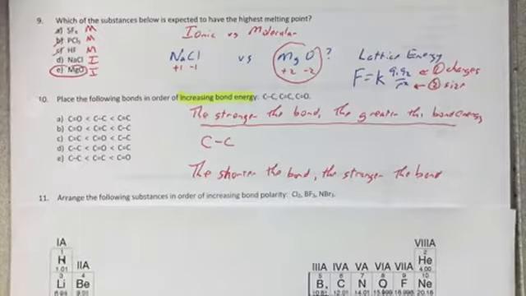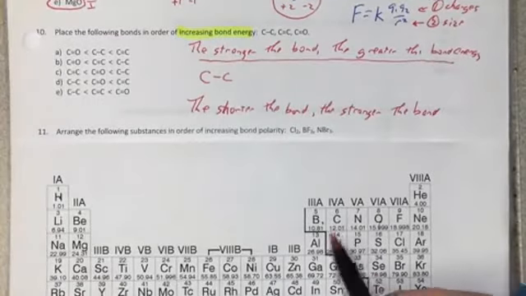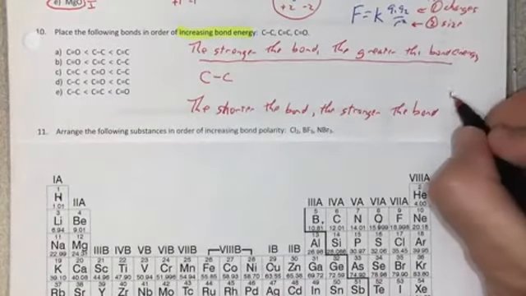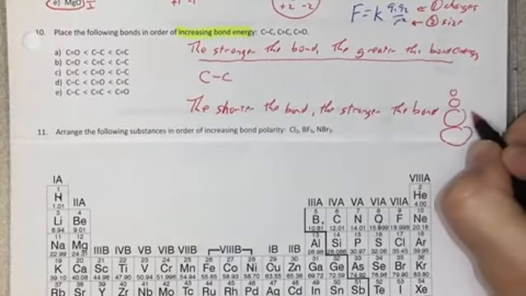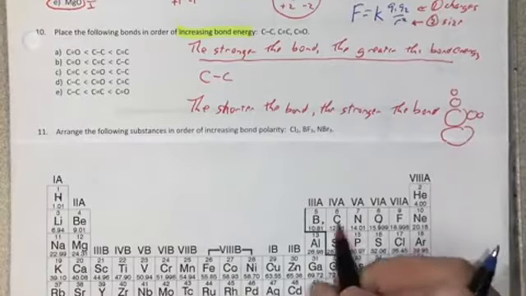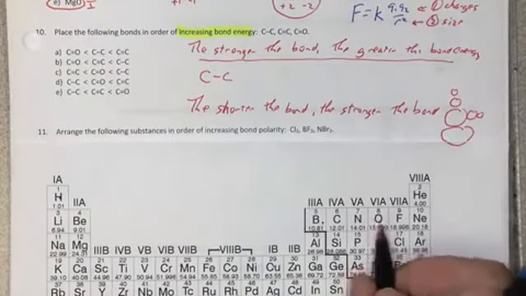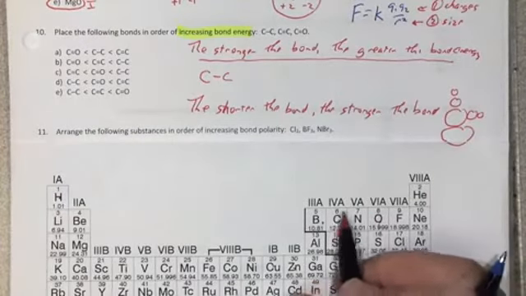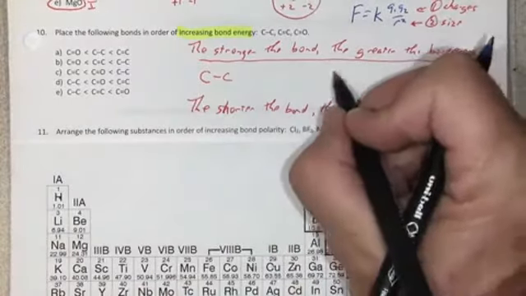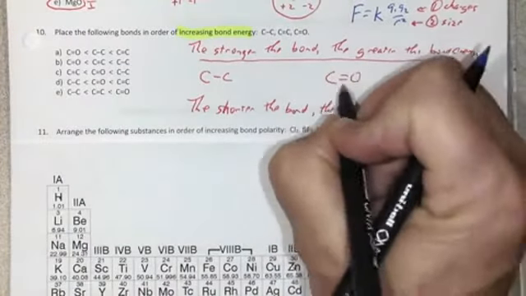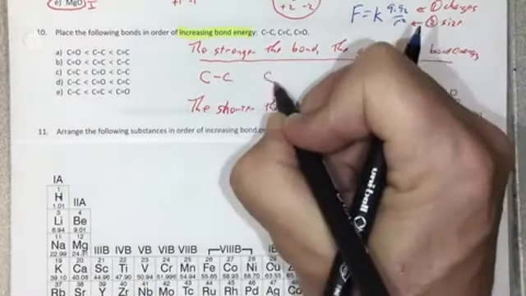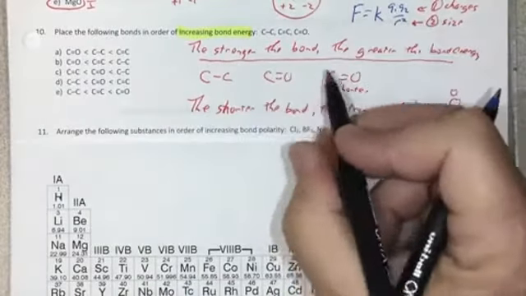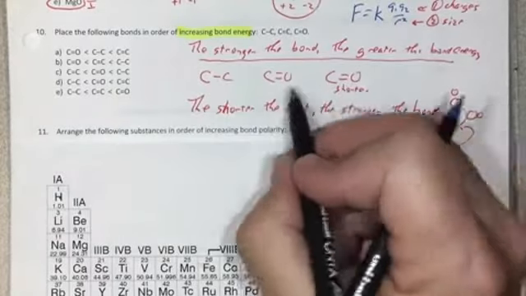As you look at the size of atoms on the periodic table, remember that atoms get bigger as you go down, but they get smaller as you go across. Oxygen is a smaller atom than carbon, and that means a carbon-oxygen double bond is shorter than a carbon-carbon double bond, and therefore this is the strongest bond.